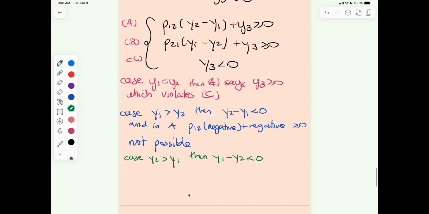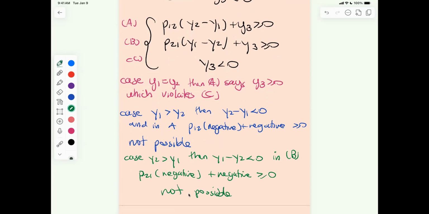And so in B, you get P21 times something negative plus a negative number. It should be greater or equal to 0, which is not possible. So all the possibilities fail.